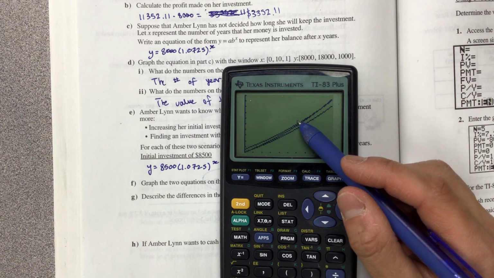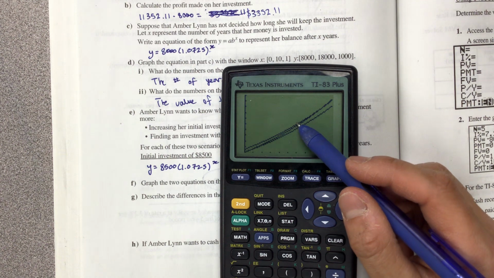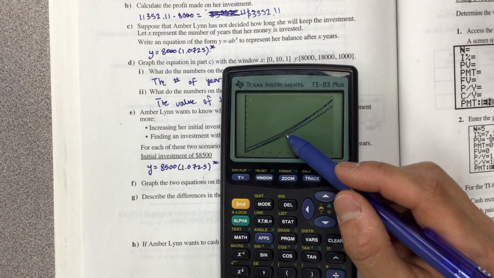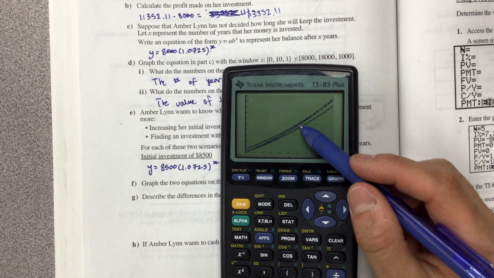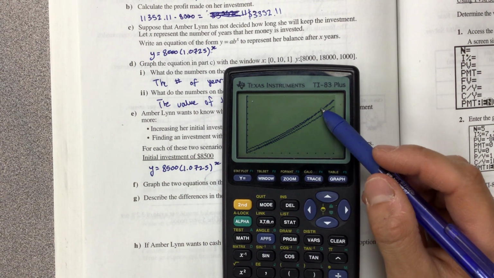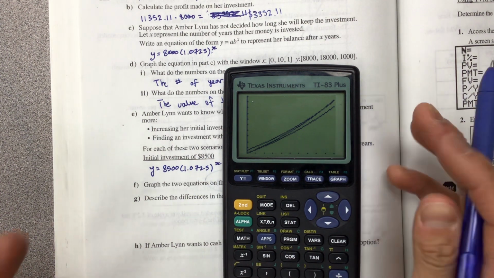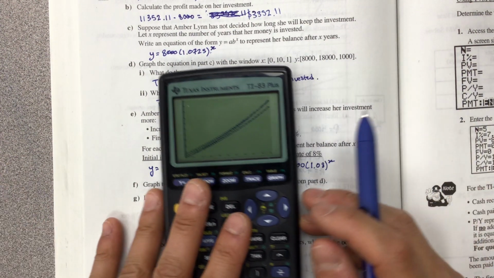What we would probably have to do is zoom out to see if our second scenario would actually pay out better in the long run. And it kind of depends on the time frame that we're talking about here.